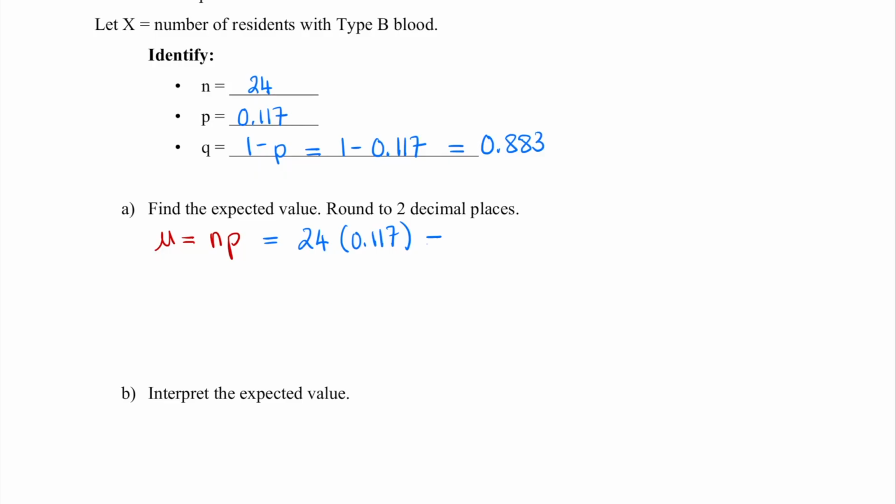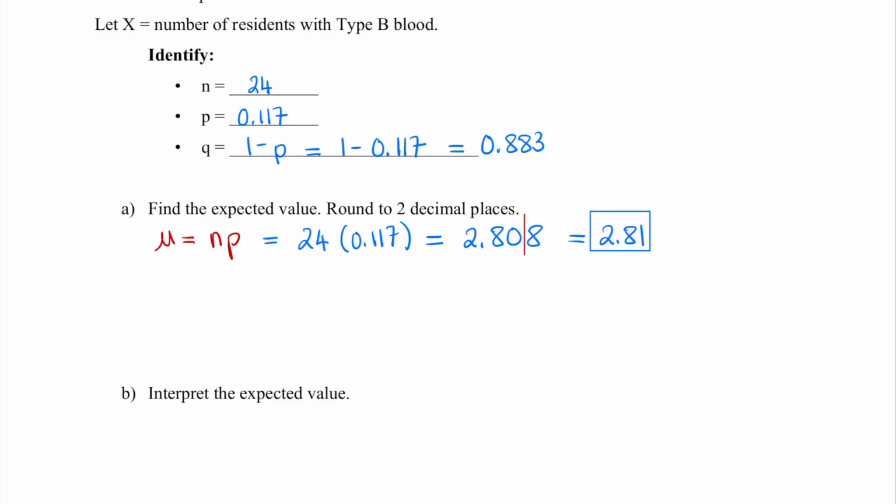This equals 2.808. And the question is asking for 2 decimal places. So we'll round it to 2 decimal places, which is 2.81. So the expected value equals 2.81.